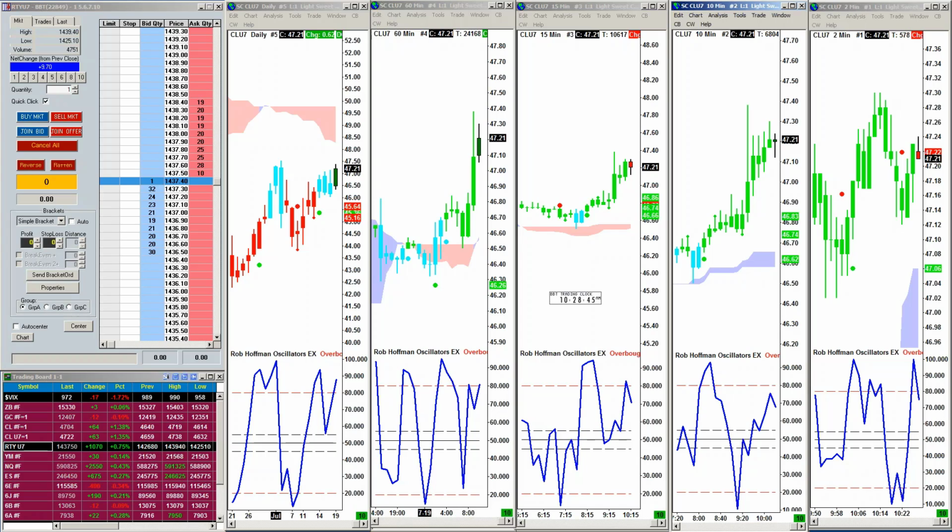Does that make sense, everybody? If you're pushing in there that hard, where one tick's going to make or break your trade, probably not the best trade, in my opinion.